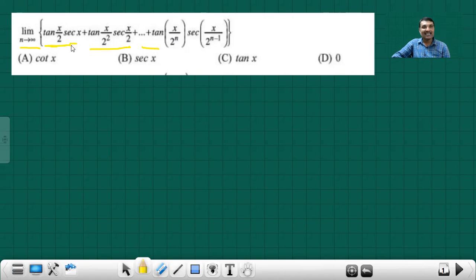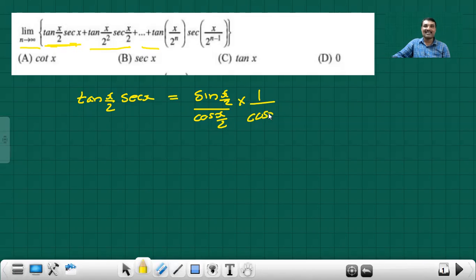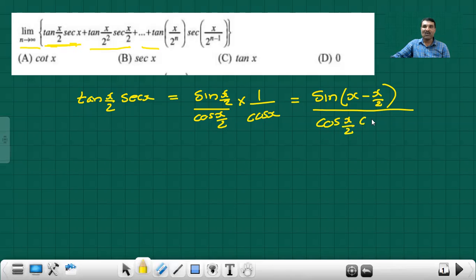First I am going to select the first term. The first term is tan x by 2 sec x. Now we can write this as sin x by 2 by cos x by 2, multiplied by 1 by cos x. So in the numerator we have sin x by 2, which we can write as sin of x minus x by 2, and the denominator has cos x by 2 cos x.